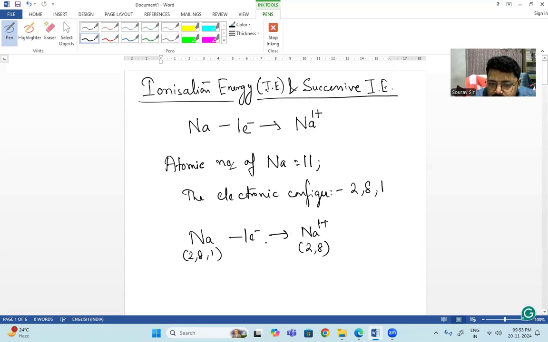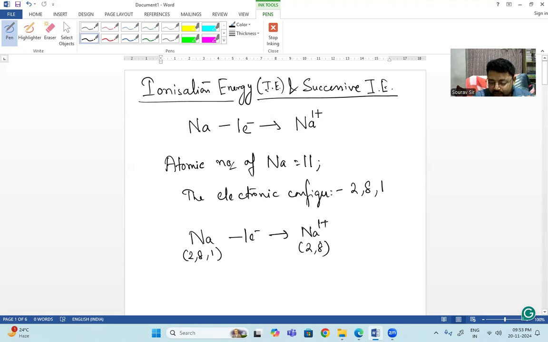Now, if a second electron has to be released from this Na+ ion, it will again take energy from the surroundings. But the energy required in the first case will be much less than that required for the second case, because not only does it have to break its octet stability, a stable noble gas configuration, but it also has to withstand the positive charge it has already accumulated.